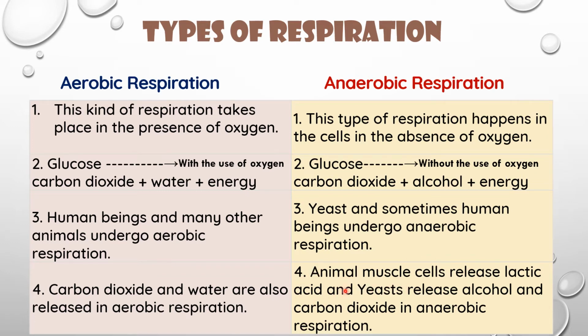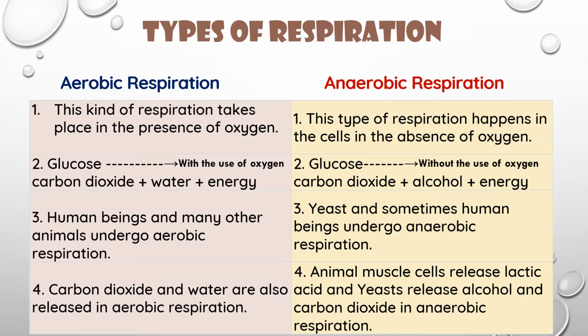Here you just see that carbon dioxide and alcohol are released by yeast. But in some animals, and in human beings also, sometimes we release lactic acid. So these are very important differences between aerobic respiration and anaerobic respiration.